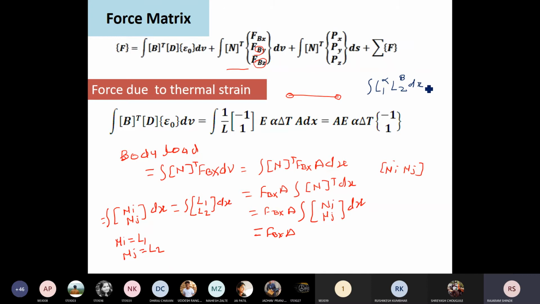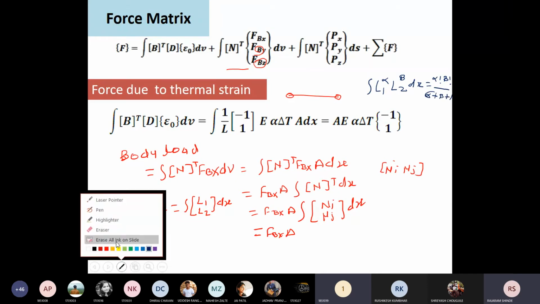Yes, sir. It is alpha factorial, beta factorial, divided by alpha plus beta plus 1 factorial. Okay, I will write it at the proper location.